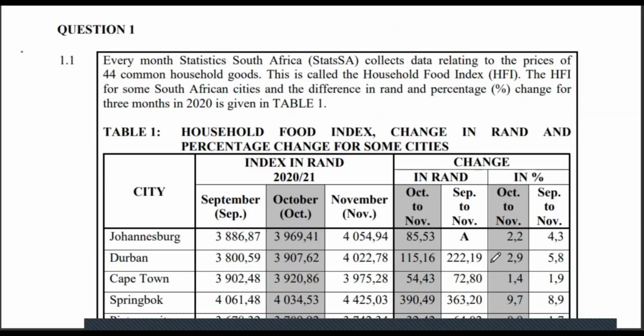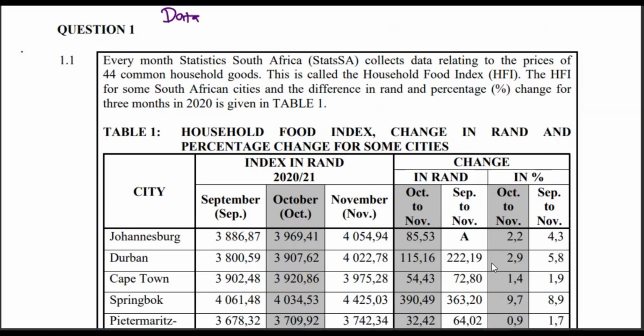All right, let's look at paper one and what we expect to see in it. First and foremost, this has to be in your head. You know very well, expect to see what we call data handling and finance.